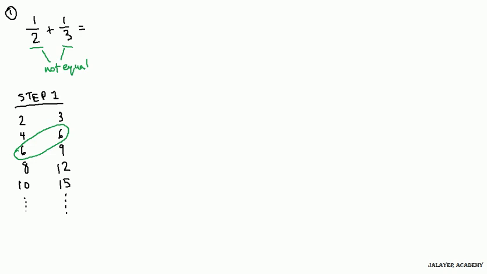If I were to actually continue the left side, the next number would be 12. And you would think, hey, this is a common multiple. And you'd be right. That's a common multiple. But guess what? This one is the least common multiple, and that's what you want. Okay, so we use the 6.